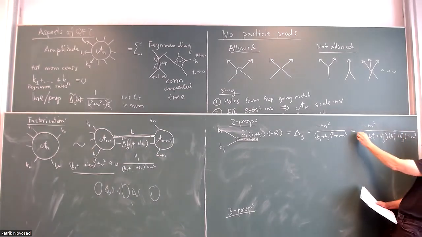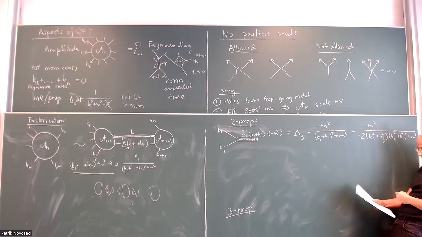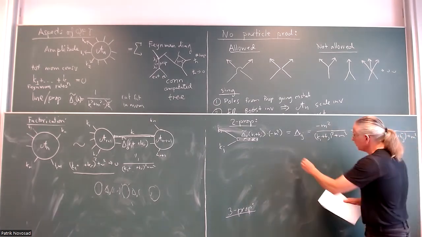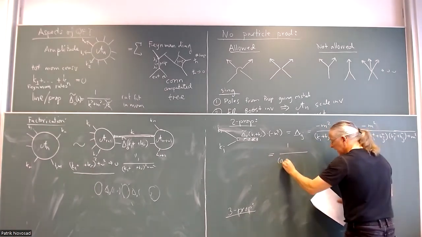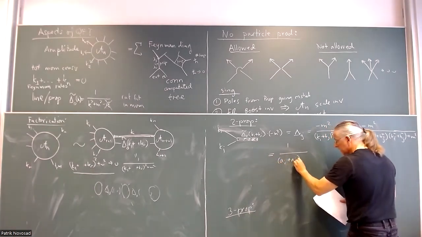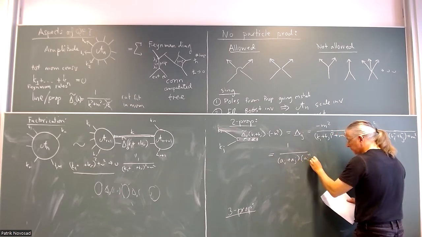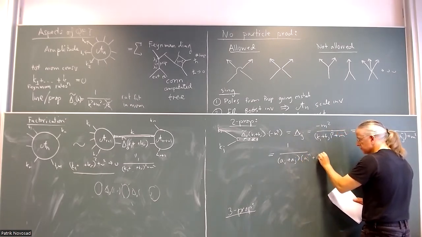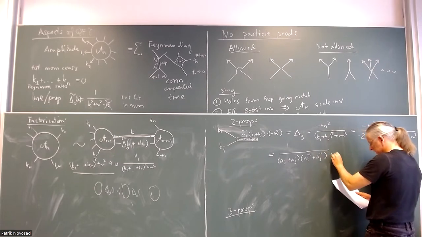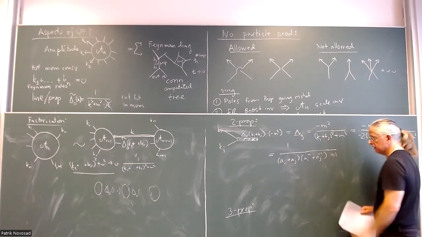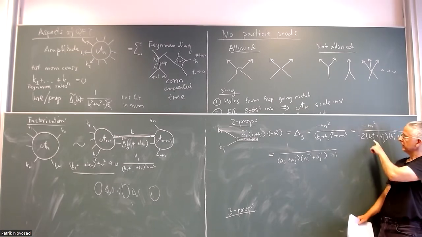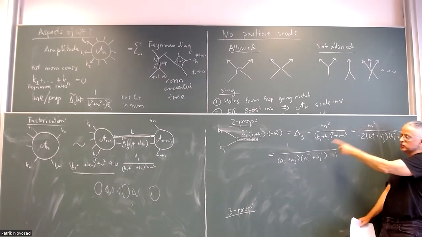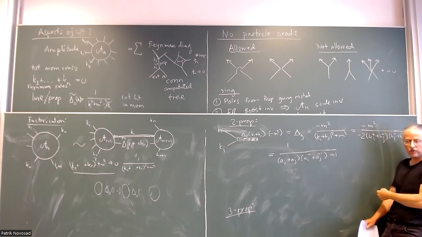So this is the metric, this minus 2. And you can convince yourself that this is the same as 1 over (ai plus aj)(ai minus plus aj minus plus) minus 1. So this was how we translated from the plus momentum into the a's with some factors of the m's.